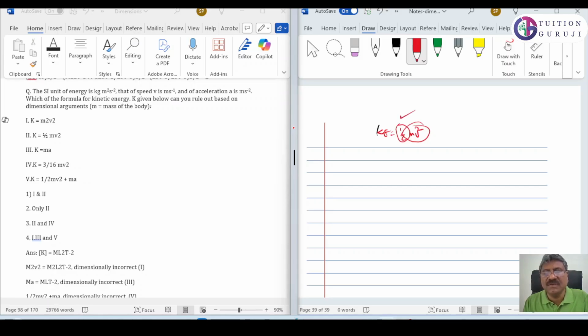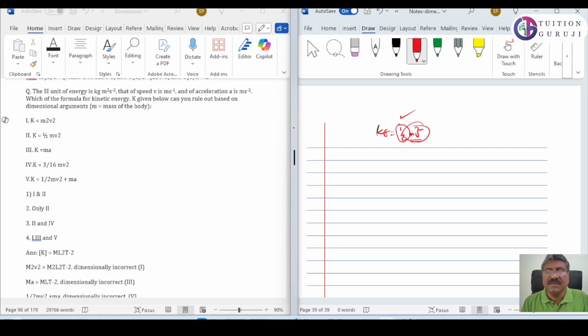So wherever mv square is coming, the equation will be dimensionally correct. I am not saying numerically correct, or that the answer is correct. Dimensionally it will be correct if the term mv square is available in that formula.